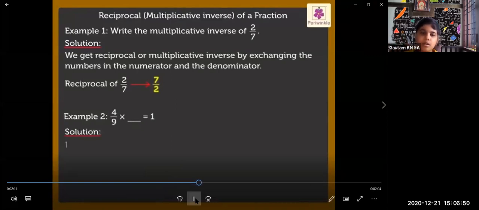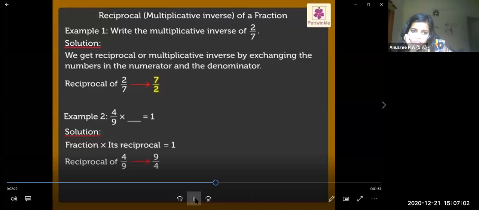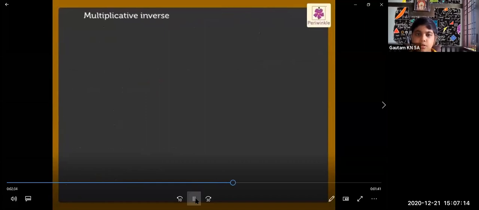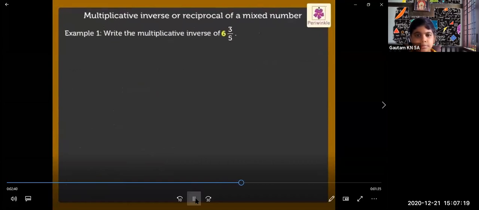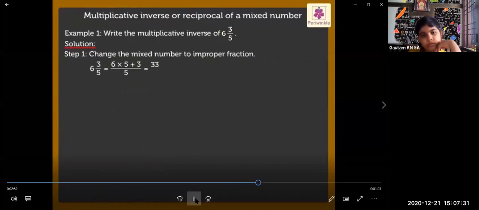We know that when a fraction is multiplied by its reciprocal, the product obtained is 1. The reciprocal of 4 upon 9 is 9 upon 4. Thus, 4 upon 9 into 9 upon 4 gives 1. Now, let us find the multiplicative inverse or reciprocal of a mixed number. Consider 6 and 3 upon 5. First, we change the mixed number to an improper fraction. We get the fraction as 33 upon 5.